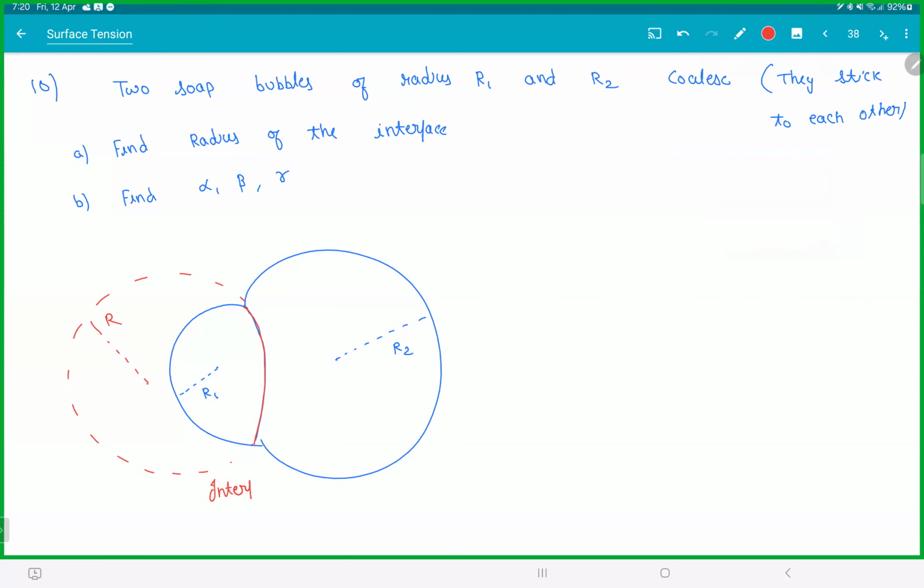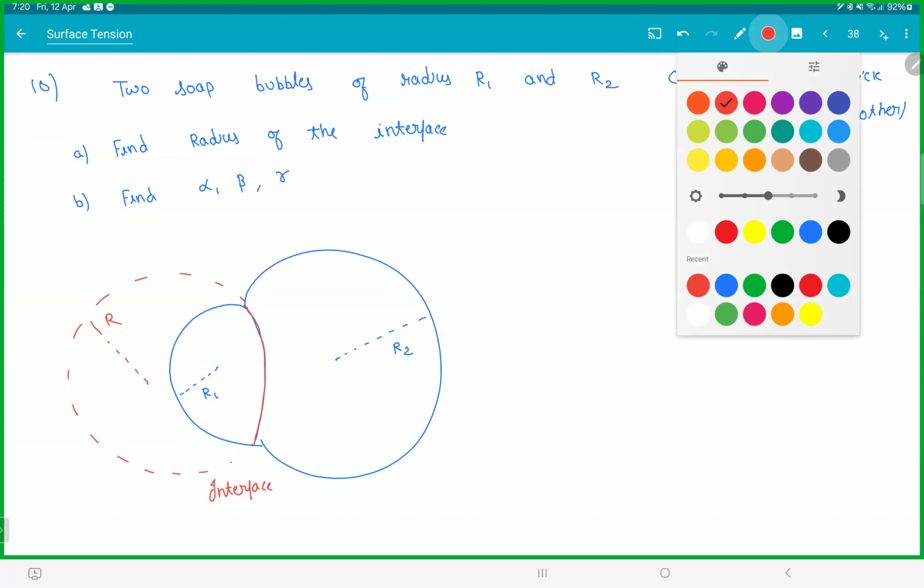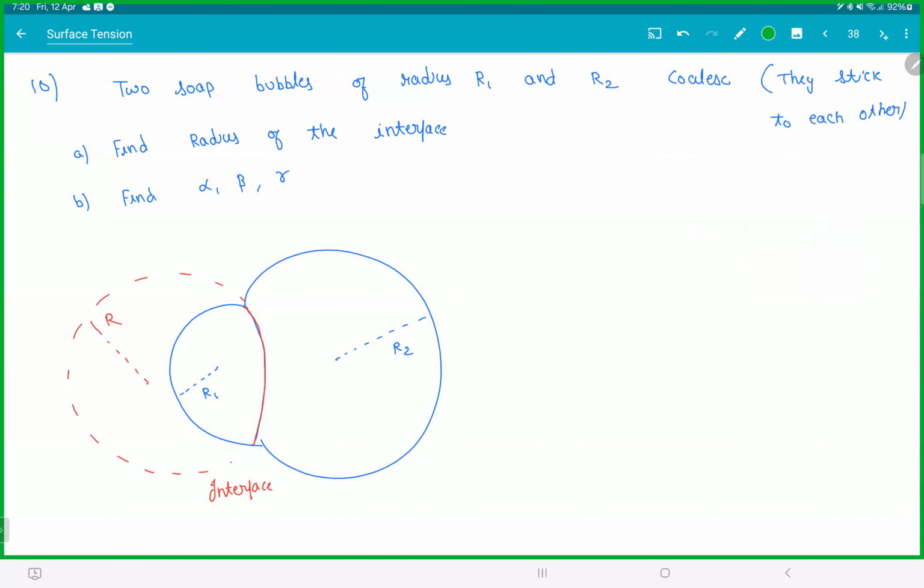I want you to find that R. And now at this interface, if you draw the angles, this angle will be alpha. This angle will be beta. And this angle will be gamma. Find alpha, beta, gamma.